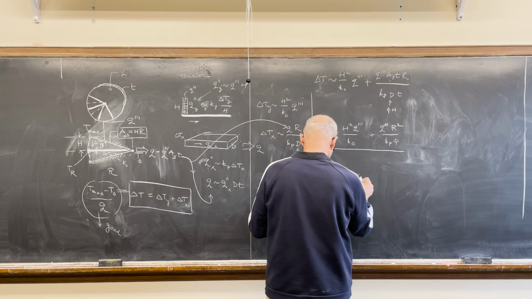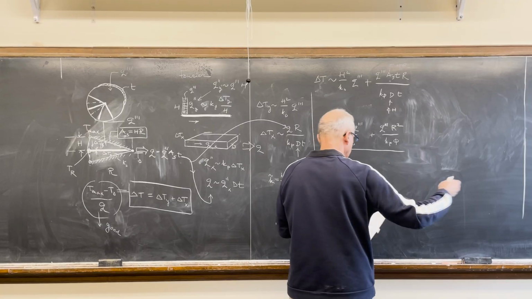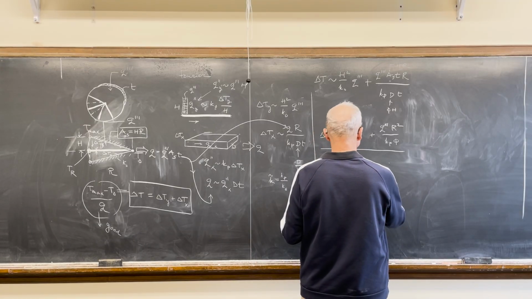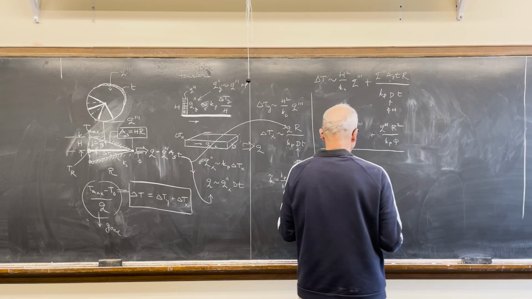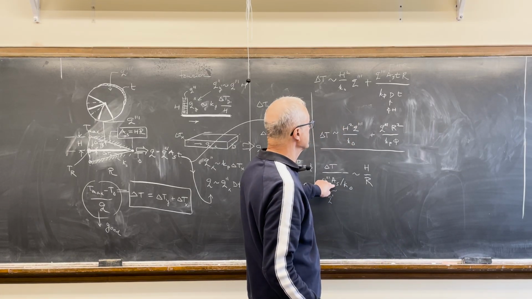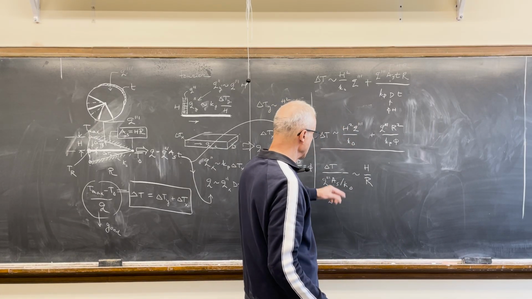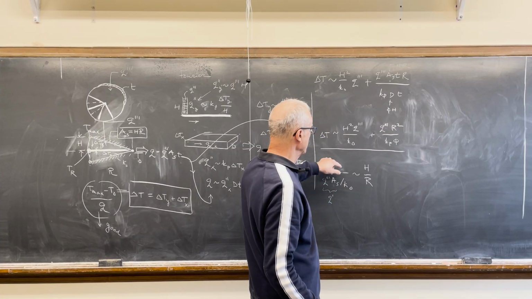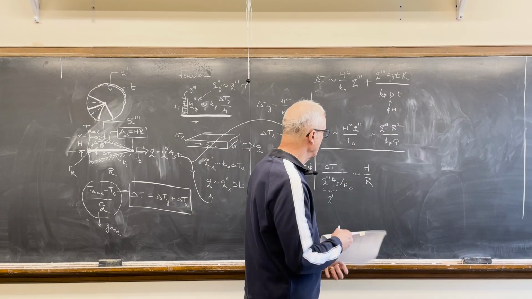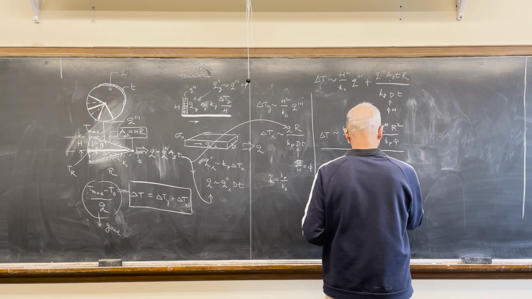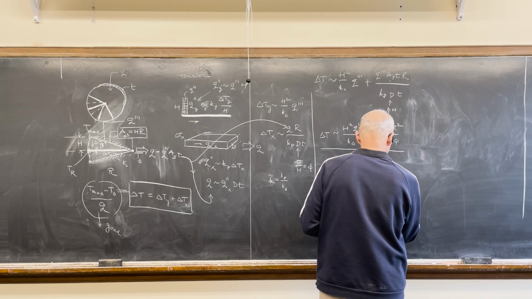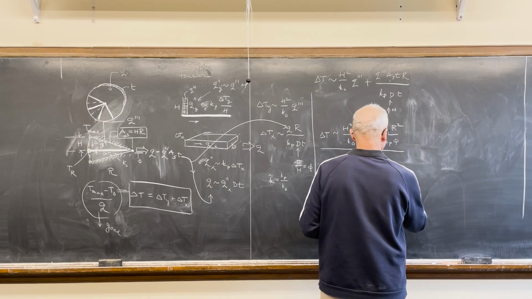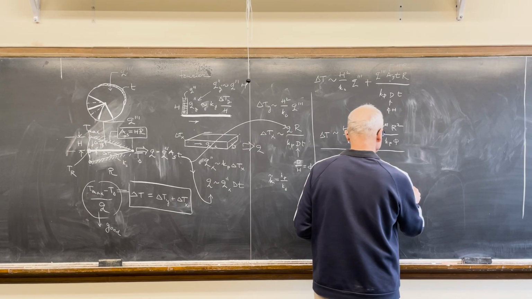So when you do that, you get, again skipping one or two steps, h over R, because you see this AS is the product of h times R, and when you divide by it, you end up here with h over R, and then plus 1 over K tilde phi, R over h.